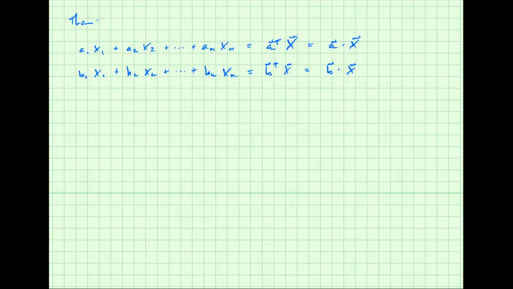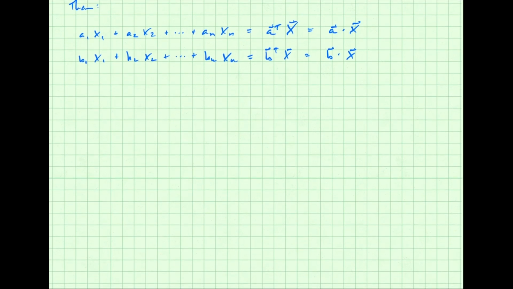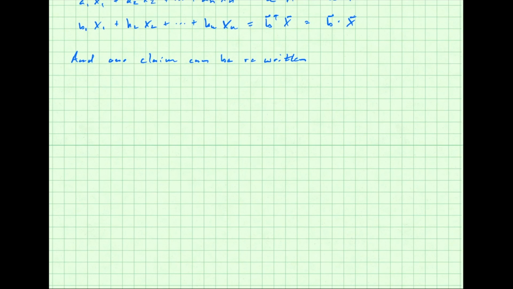The left-hand side of the rule is now going to be a little more tidy, but we're also going to tidy up the right-hand side. And so our claim, which we didn't prove anyway, can be rewritten, or simplified. It's a bit of a long journey, but it's nice at the end.